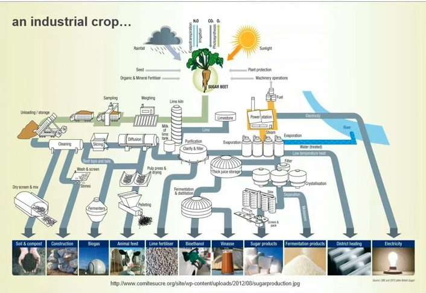These slices are very much like potato chips. Okay, then there's a carbonation step that actually removes some of the proteins and some of the small clay particles, so the purification, filtering, and then it goes through a series of evaporation steps to make what they call thick juice. Okay, and this thick juice is very much like molasses.